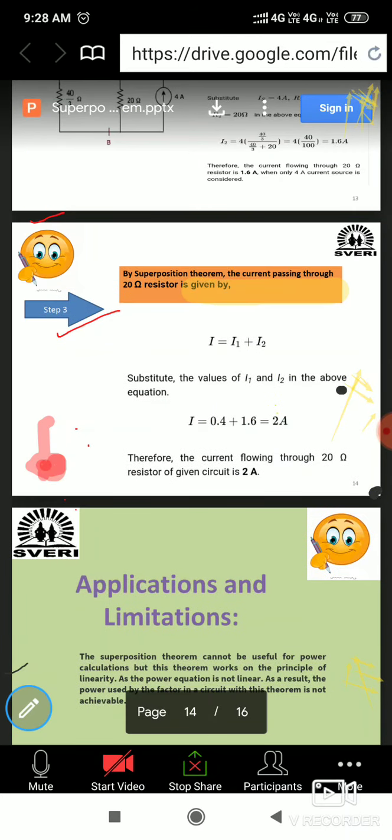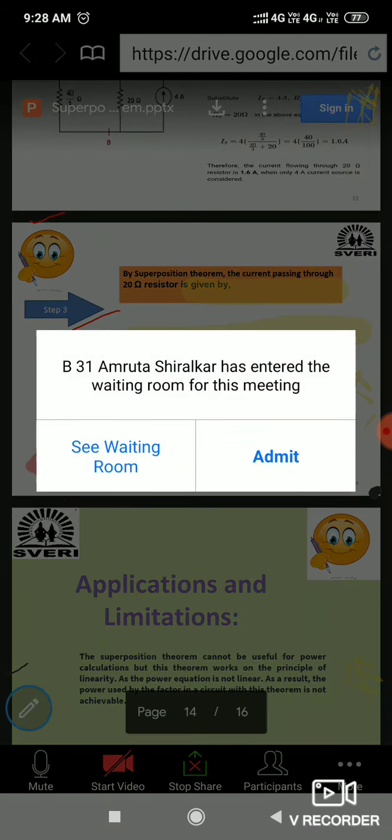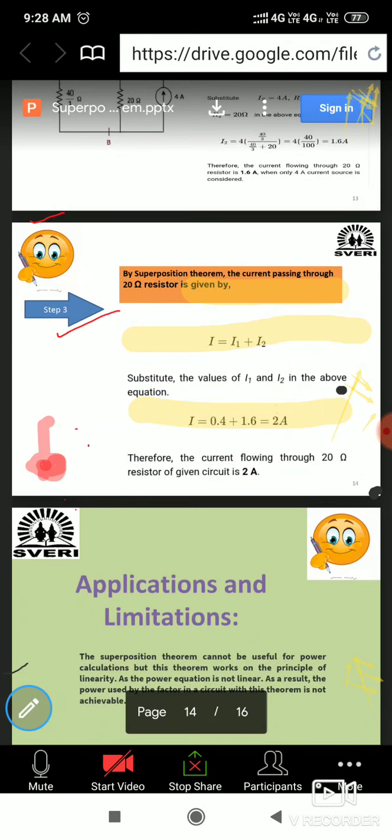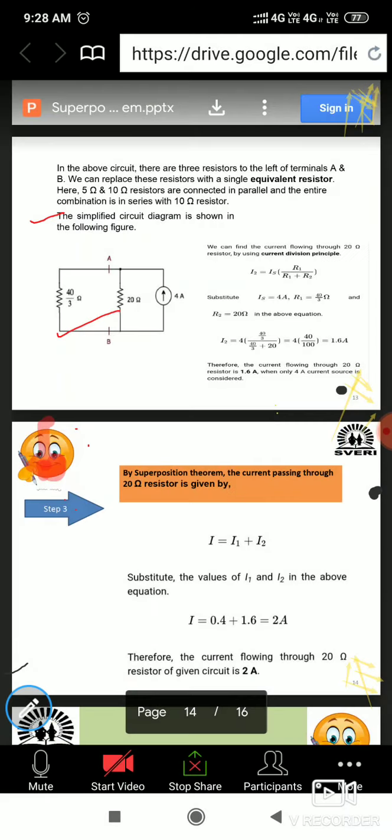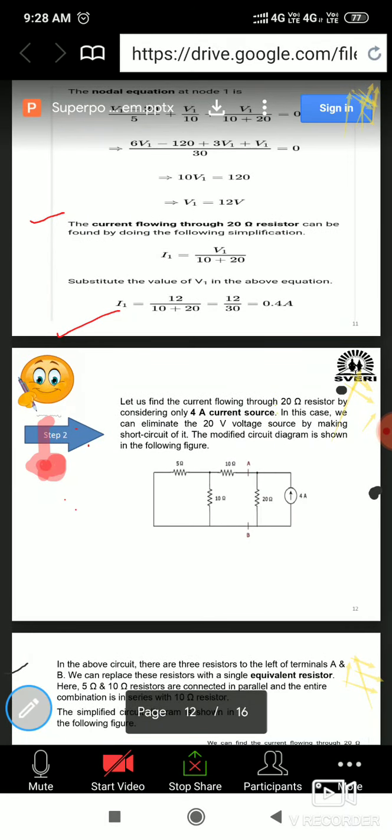Then we have covered where we can apply the superposition theorem. After that we have covered how to apply it, and next the steps or procedure to apply the superposition theorem. After that we will see one example so that we can understand how to apply the superposition theorem.